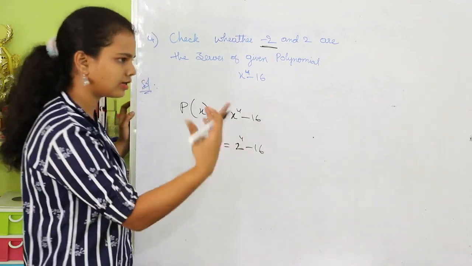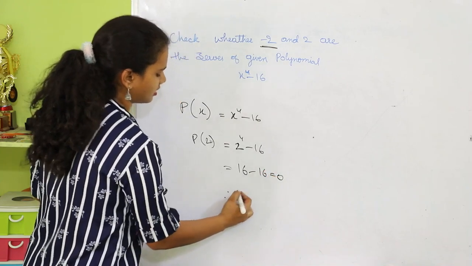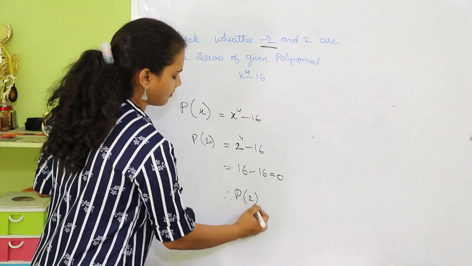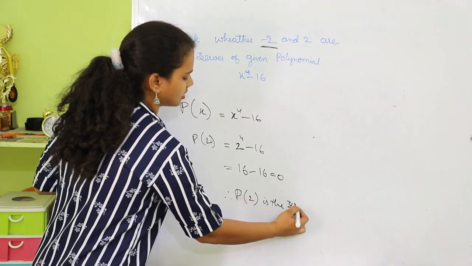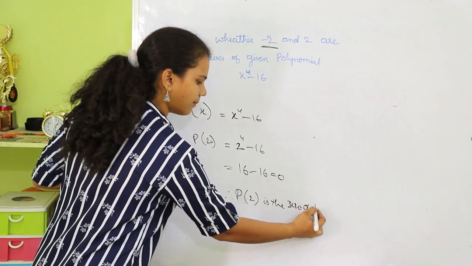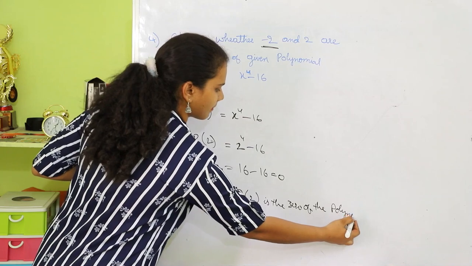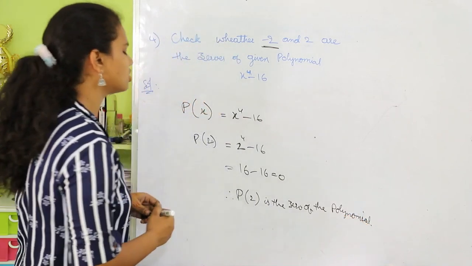So 16 minus 16 gives 0. Therefore p of 2 is a zero of the polynomial. Clear? p of 2 is a zero of the polynomial.